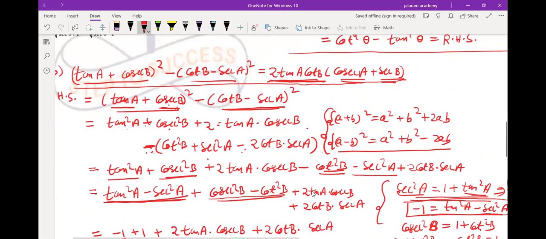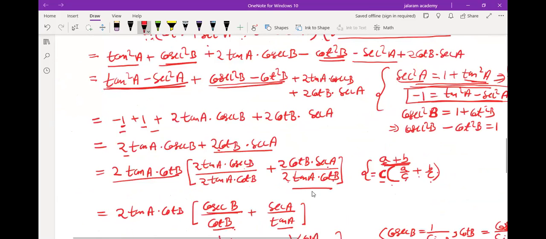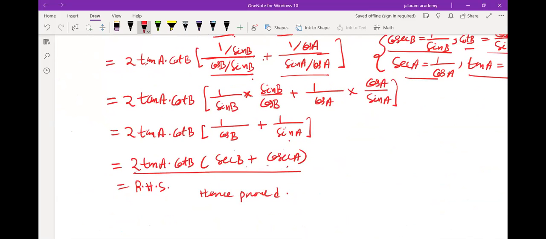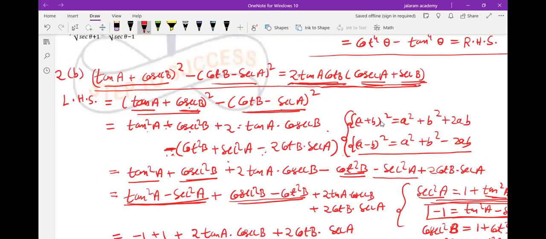Always pay attention to what is the right hand side so that you can solve the question easily. So this is the solution of question number 2B from the sheet.